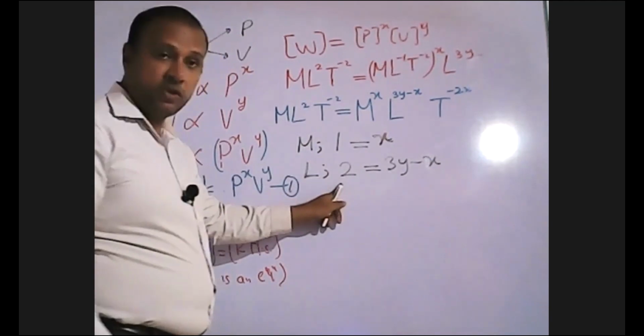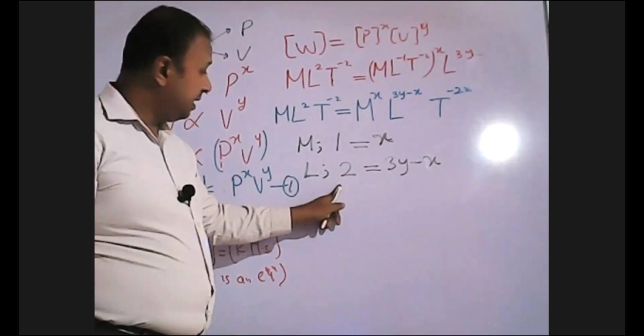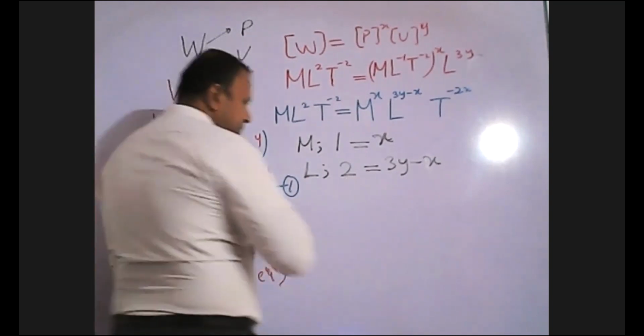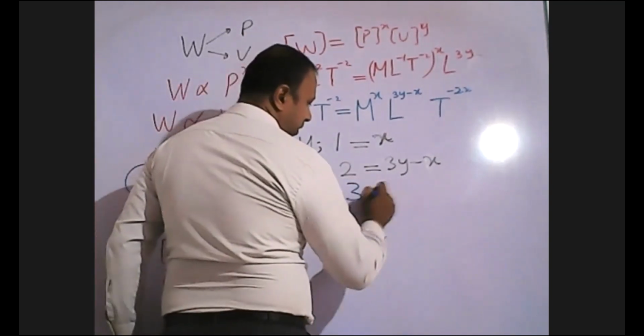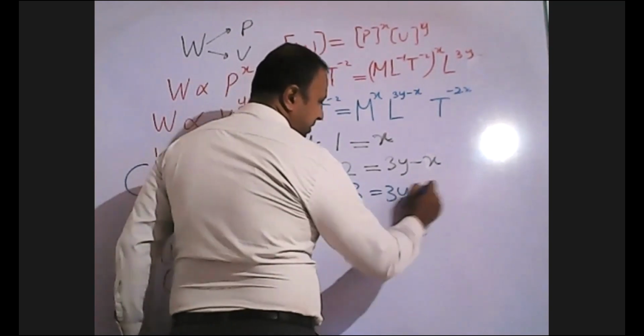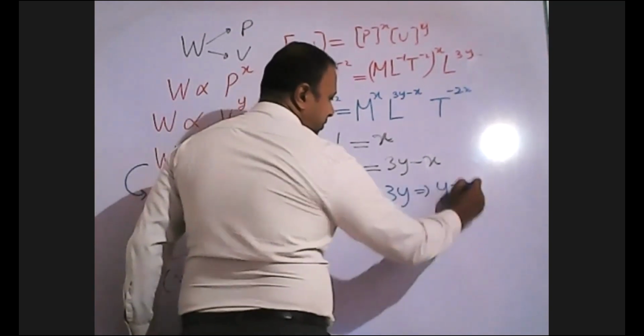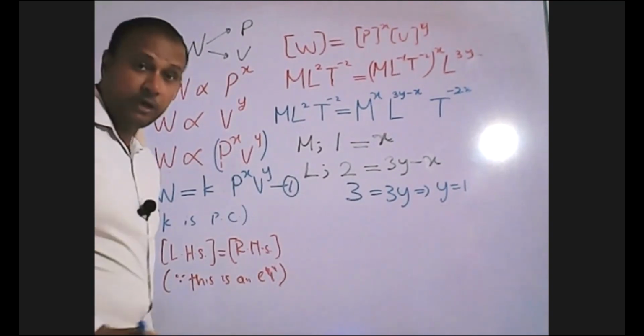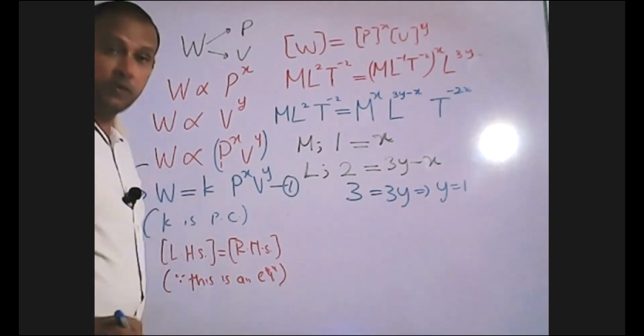You can bring this minus 1 to LHS, so it will be plus 3. So 3 equals 3y, that means y equals 1. So X equals 1 and y equals 1. K is also equal to 1.